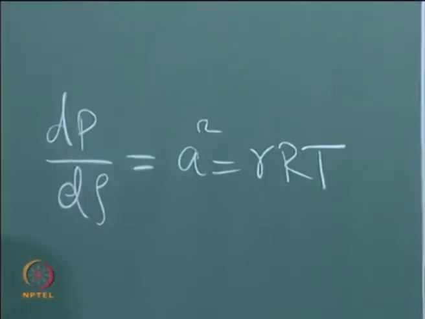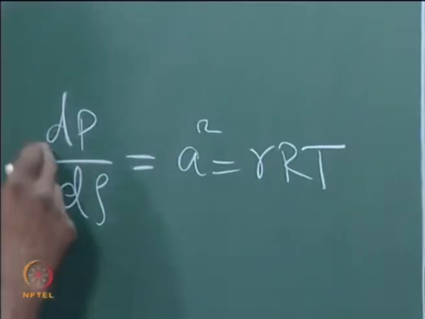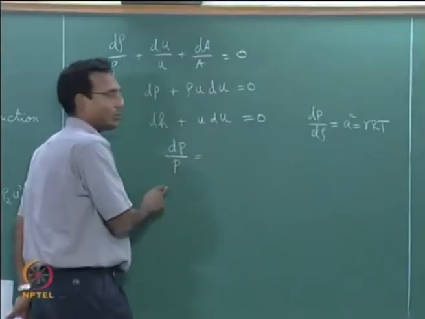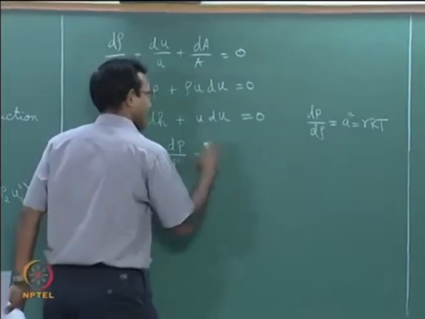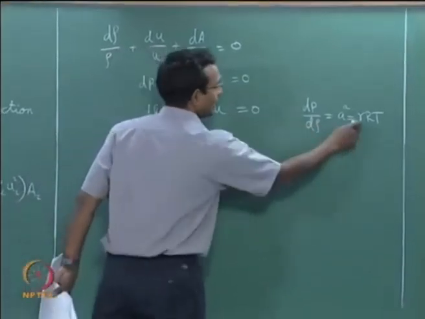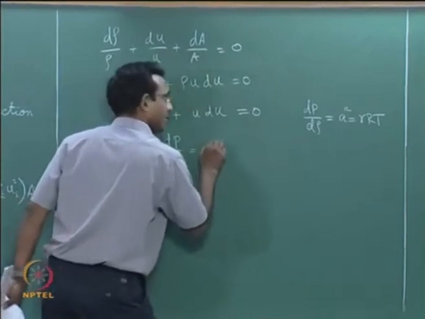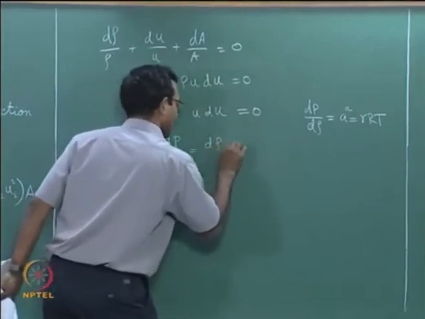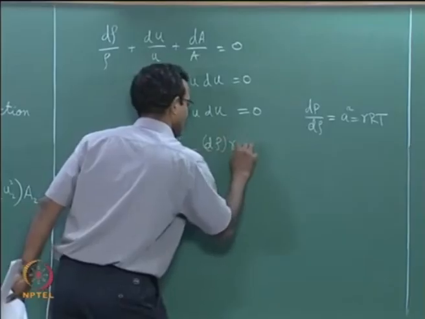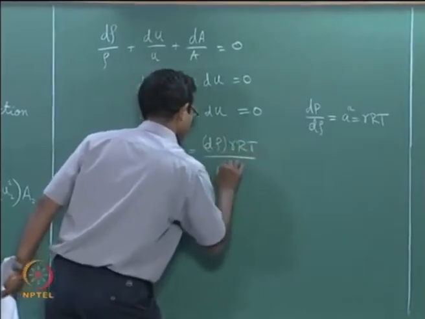We will keep this form, which is a very nice form. Now I want dP by P. So dP is d rho times gamma RT. I will keep it that way. So it will be d rho times gamma RT divided by P.